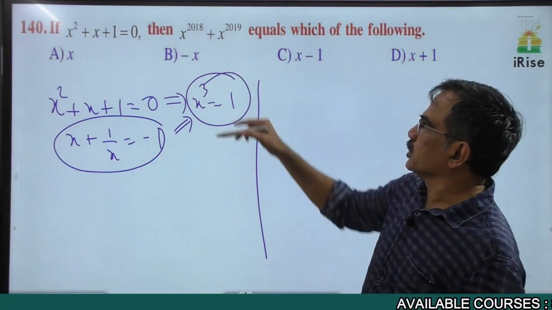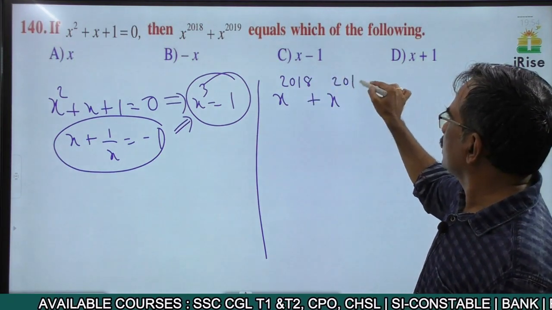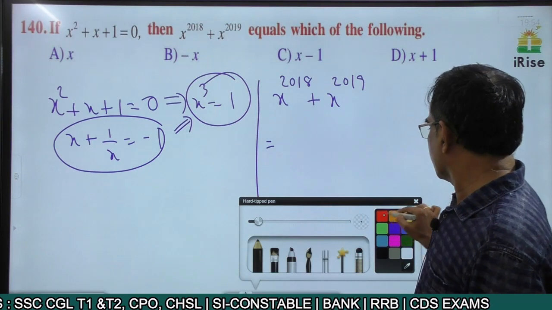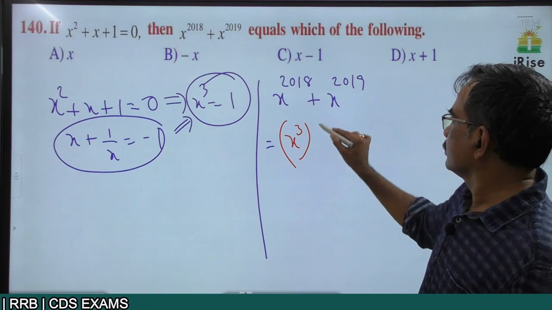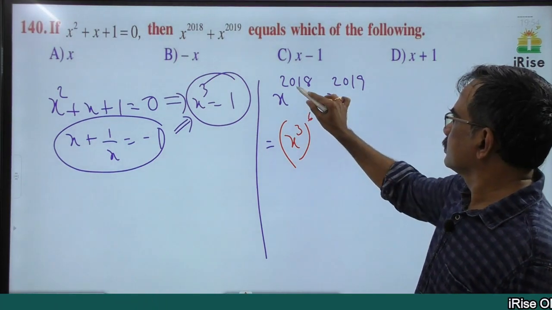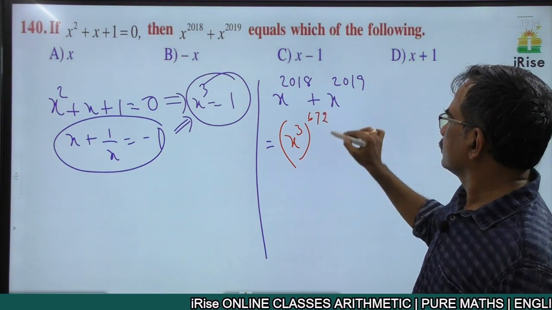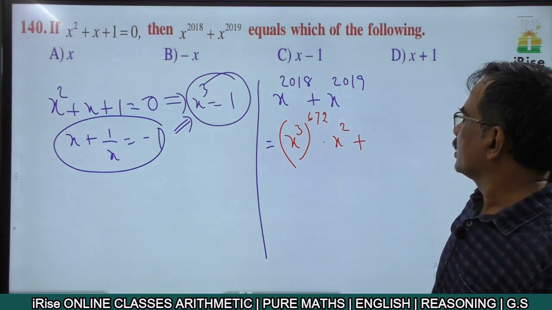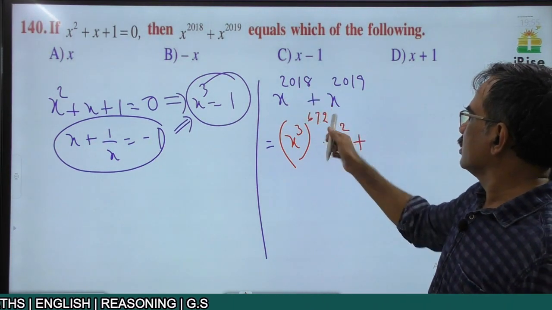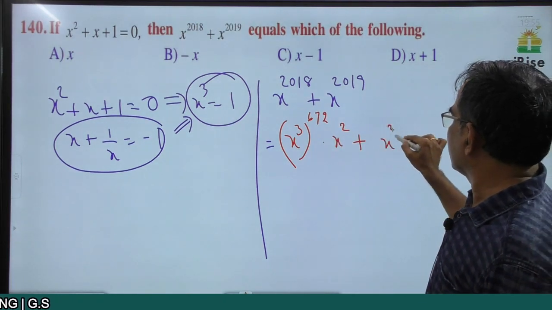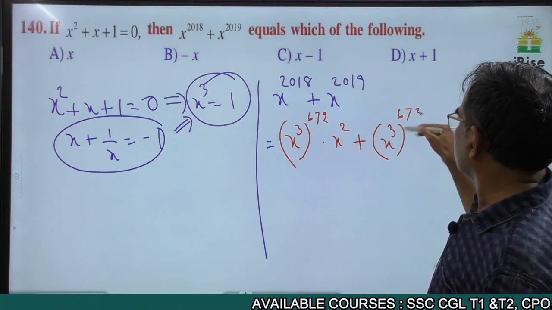Then what is the question? x power 2018 plus x power 2019 is equal to how much? This can be written as x cube whole power 672 plus x cube whole power 673, with x square.